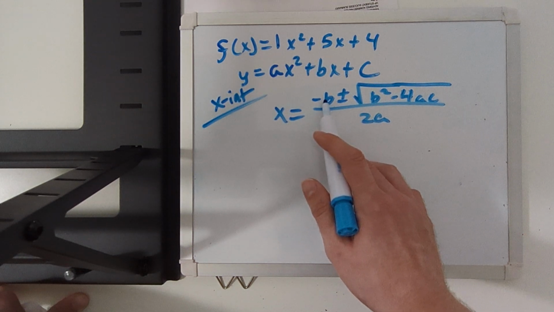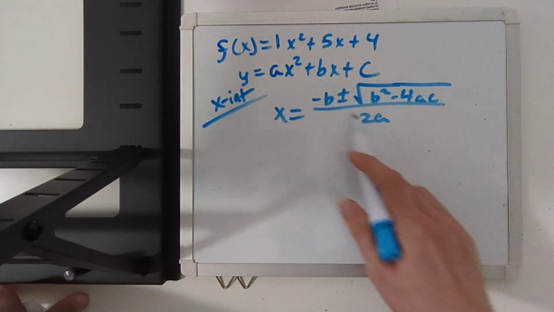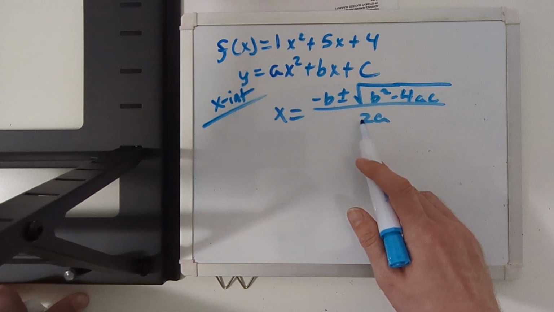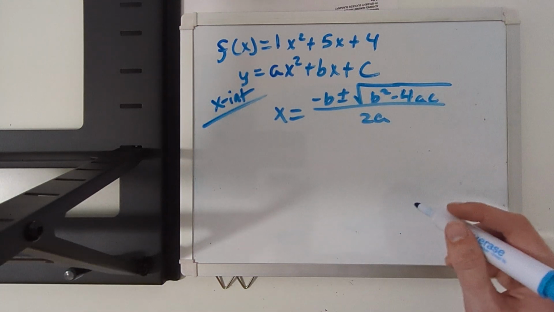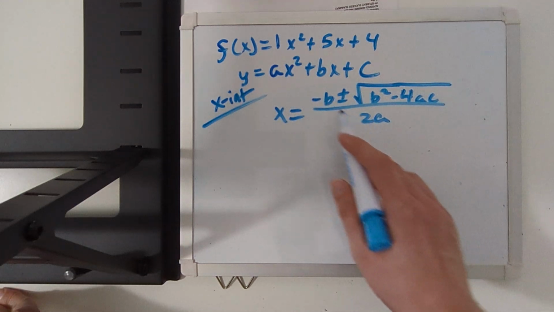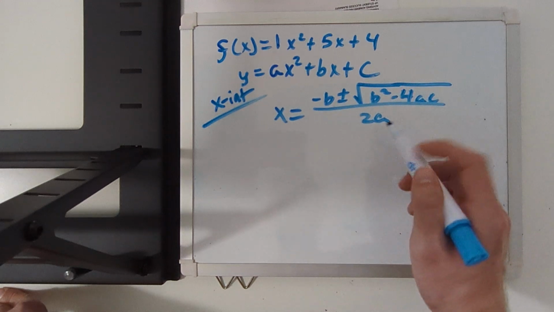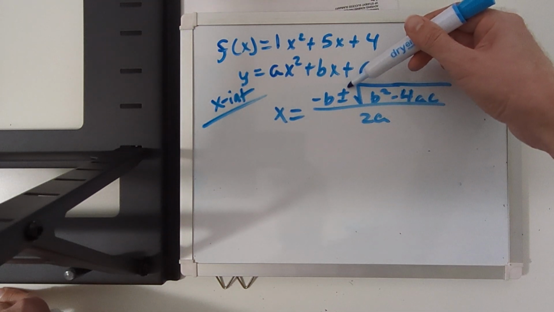This part right here, the negative b over 2a, this is the vertex. This is the x value for the vertex. And because there's two x-intercepts, and you'll see when we look at the graph, there's an x-intercept to the left of the vertex, the minus, and there's an x-intercept to the right of the vertex, the plus.